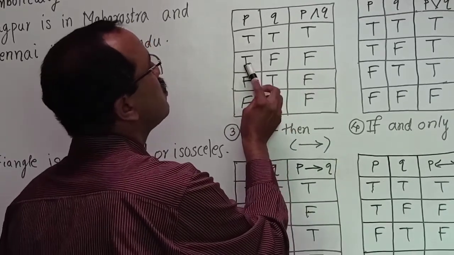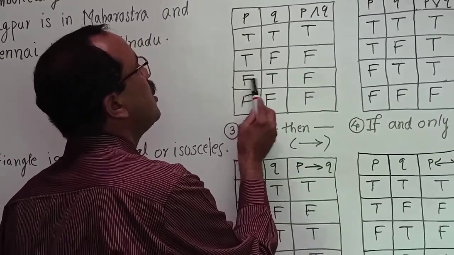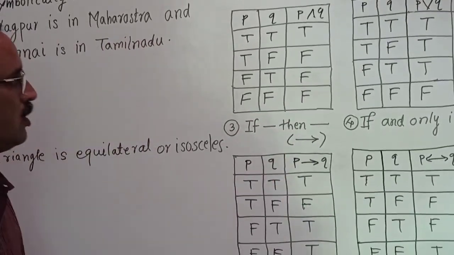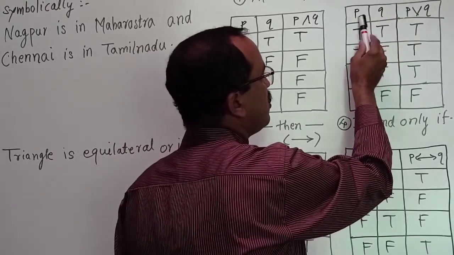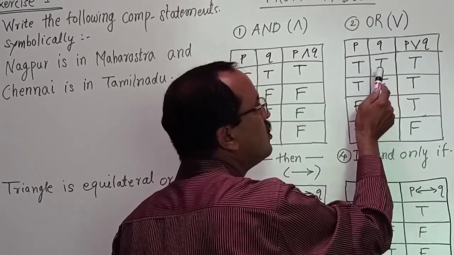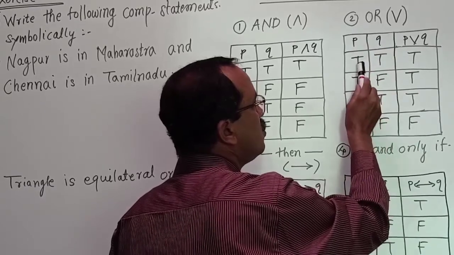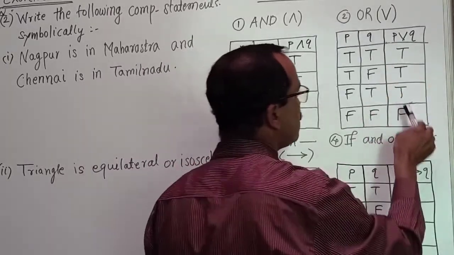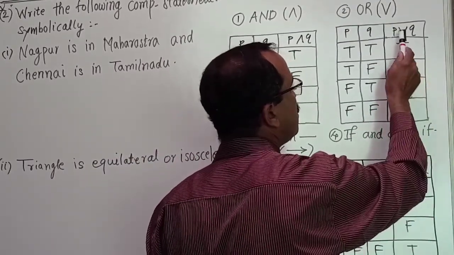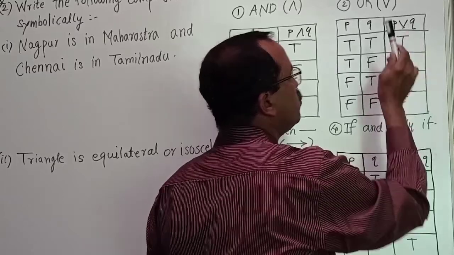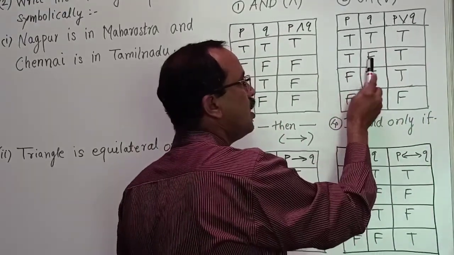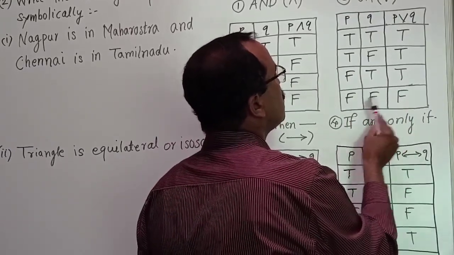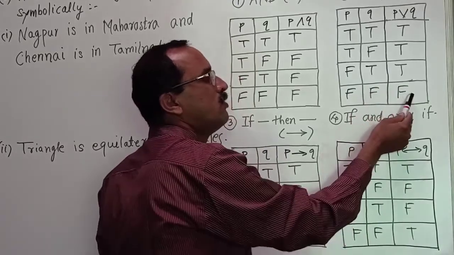Otherwise, TF gives false, FT gives F, FF gives F. In an OR statement, again P and Q: TT, TF, FT, FF. The resultant of P or Q is T for TT, T for TF, T for FT. Only when both statements are false, that is FF, we get F.